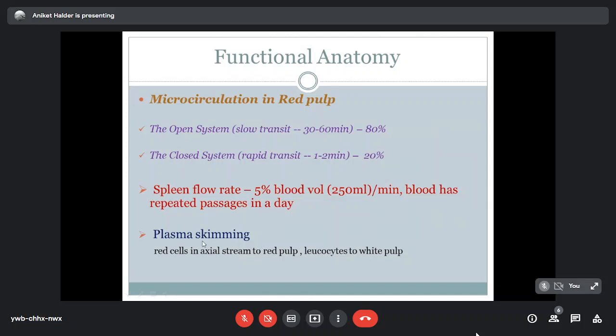And there is a process called plasma skimming. What is plasma skimming? As I had said, in the open system the blood directly enters into the splenic cords.